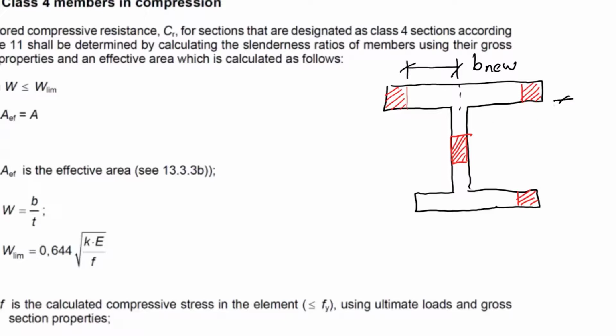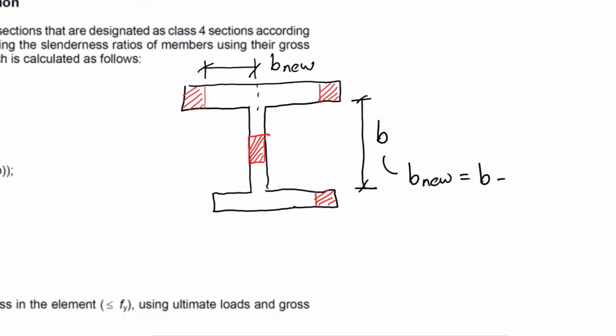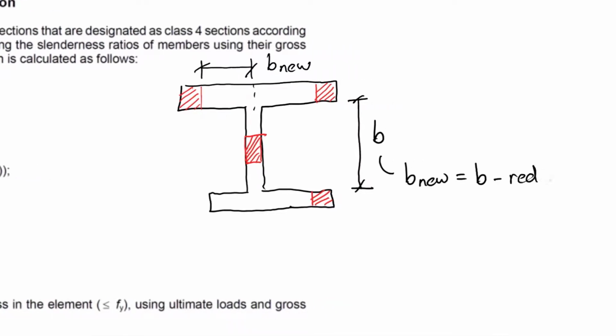So for instance, there's that B we were looking at earlier. And then if I remove this area in the middle, B new equals B minus the red width. So I need to find some new width, some new value, which removes this red area here and removes these.